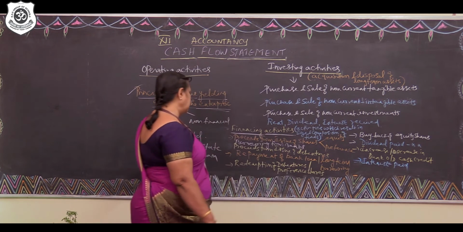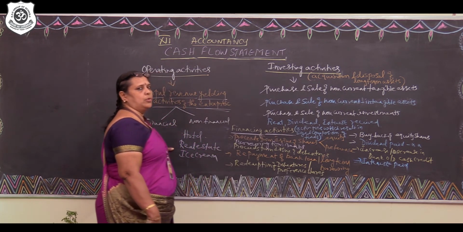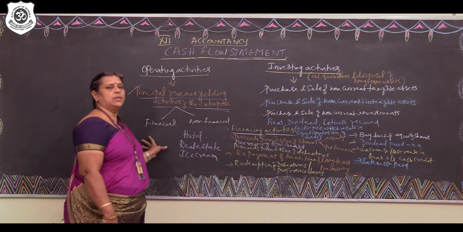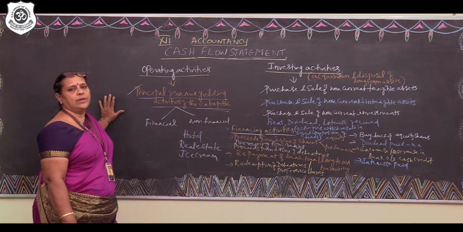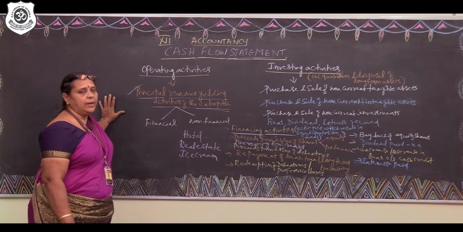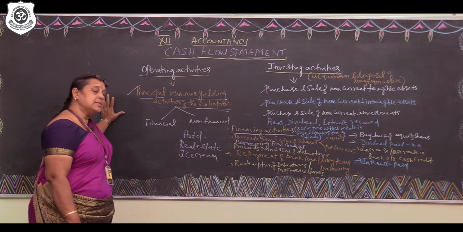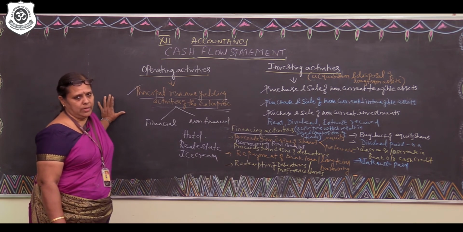So, let us revise what we discussed in this topic. We discussed the classification of activities while preparing the cash flow statement, namely operating activities, investing activities and financing activities. Operating activities are the fundamental existence of the business. They are the principal revenue yielding activities.